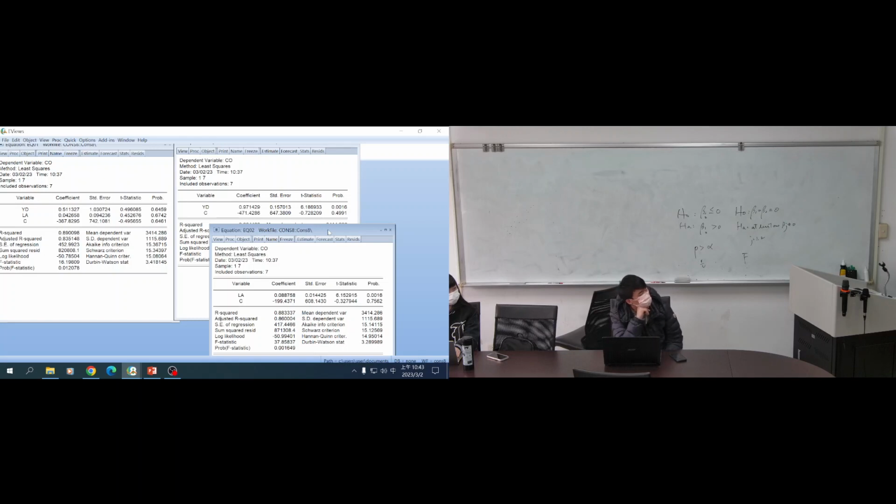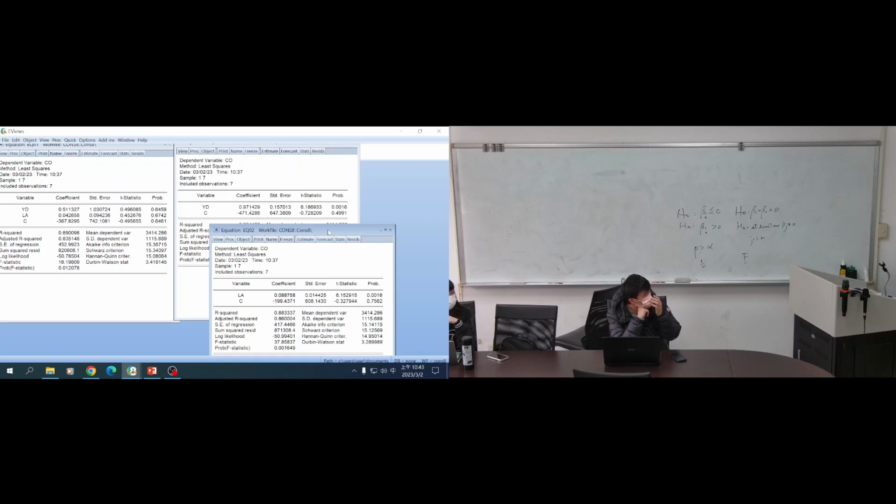For example, YD: if you have $1 more disposable income, it will affect almost $1 of consumption. Look at the 0.97: it means with one more dollar of disposable income, consumption will be 97 cents, so almost 1-to-1.